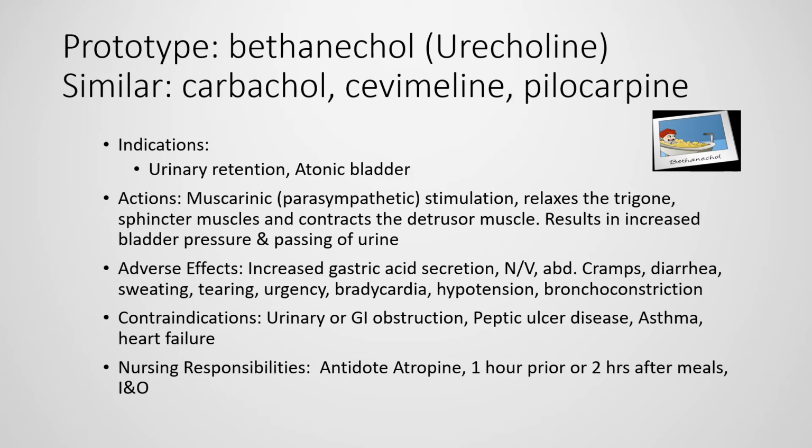Okay, so let's get into a drug here called bethanechol. We will, and that's the prototype one. We will get into one of the similar ones called pilocarpine, which is an eye drop that we use for glaucoma.